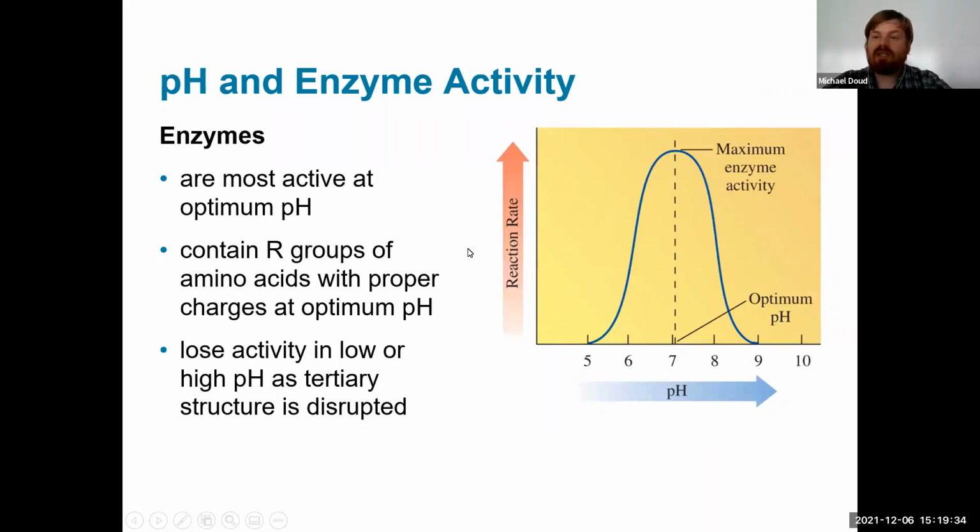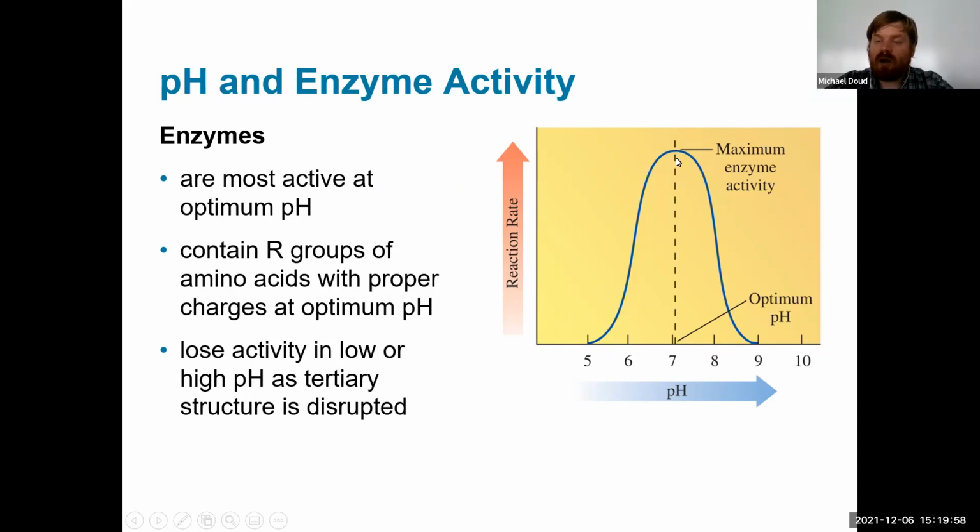Now, besides temperature, the other thing that modifies enzyme activity is pH. We've seen already that R groups sometimes have acidic side chains or basic side chains. And as you can imagine, if you put something acidic in a base, the acid's going to react, and so you're going to lose the structure that holds things together.